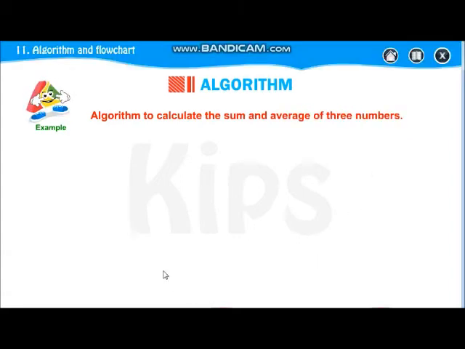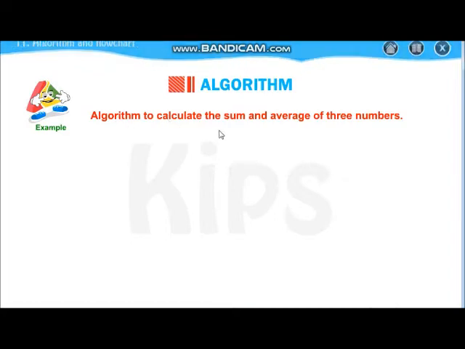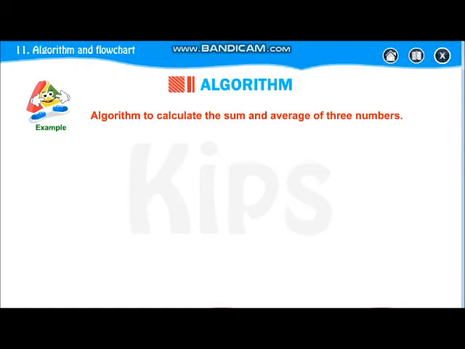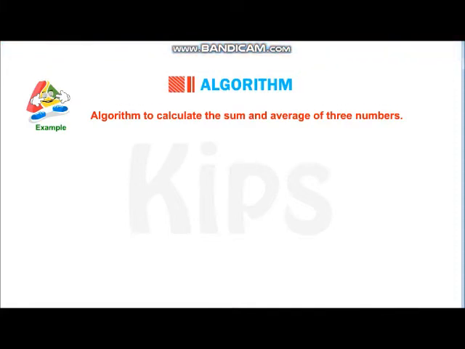Now if we take another example, algorithm to calculate sum and average of three numbers. Now what is our procedure? Our procedure is to calculate the sum. Sum means addition, of three numbers, and average. So what will our algorithm be? First we decide what our input is. So how many numbers do we want?